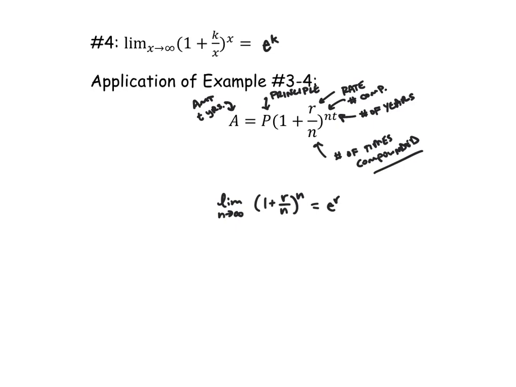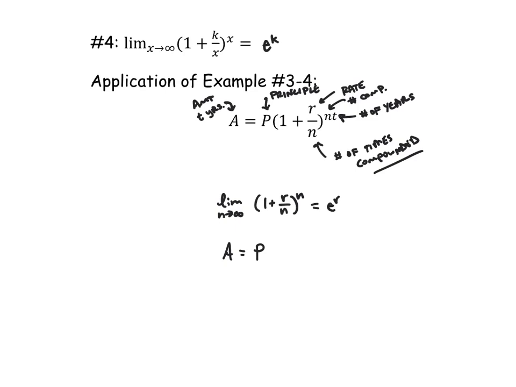Therefore, as we increase the number of times that either a population or a bank account is compounded to the point where it's compounded continuously, so we're sending n to infinity, then the amount or the population or whatever it might be ends up equaling p.